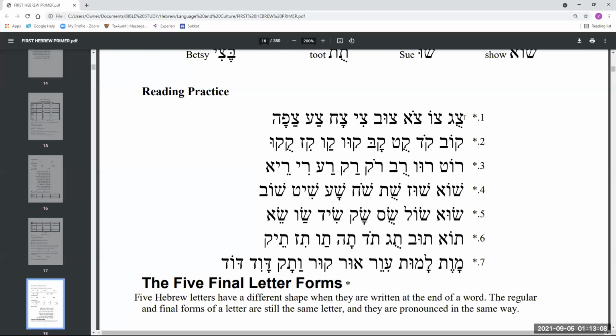So we've got to crawl first. We've got to recognize these letters and the vowel point, and then we can move to more advanced real Hebrew words with prefixes and suffixes, and what it all means when we put it together.